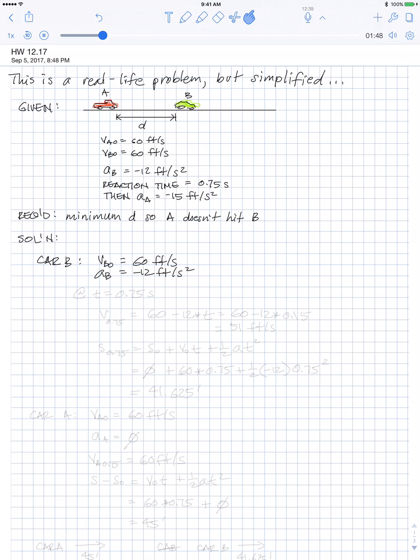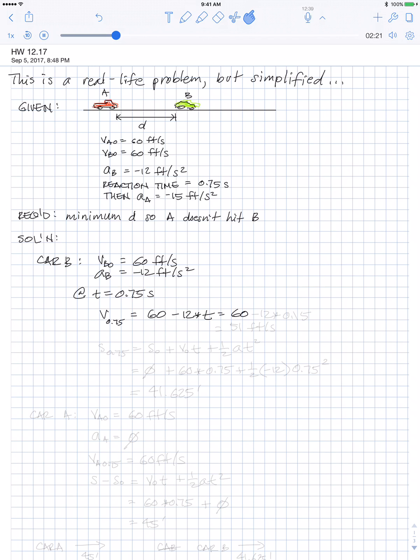And so what we want to do is figure out what the velocity is after 0.75 seconds and how far car B traveled after 0.75 seconds. Okay, so at t equals 0.75 seconds, since it's constant acceleration, v at 0.75 equals the initial velocity plus the acceleration, which in this case is negative, times t.